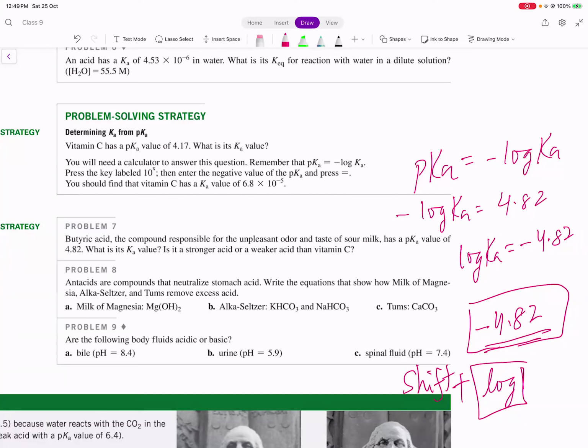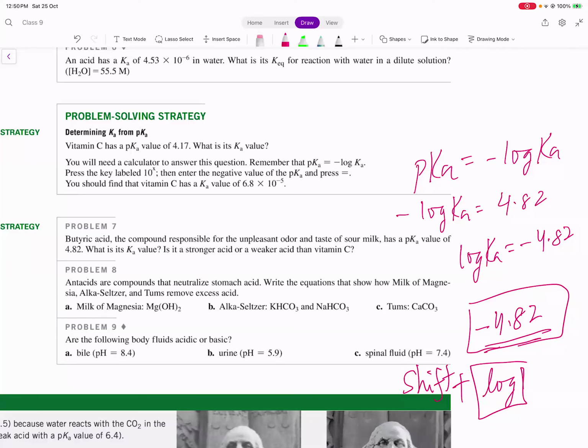Let me check. What are you getting? I'm still getting the same. No, you should get something else. Let me check here.